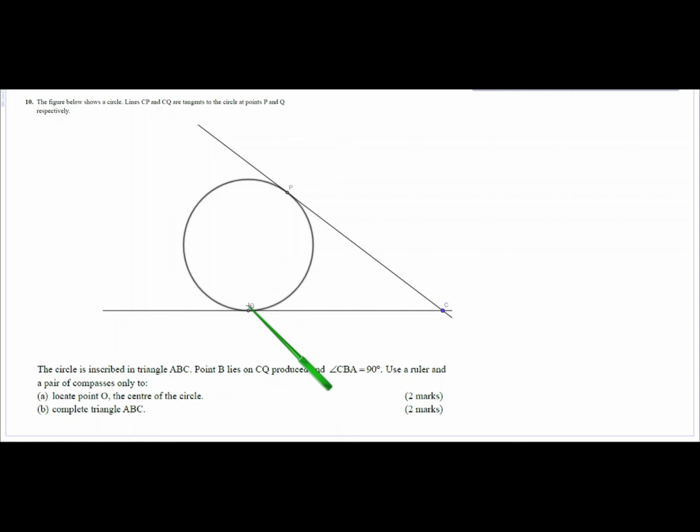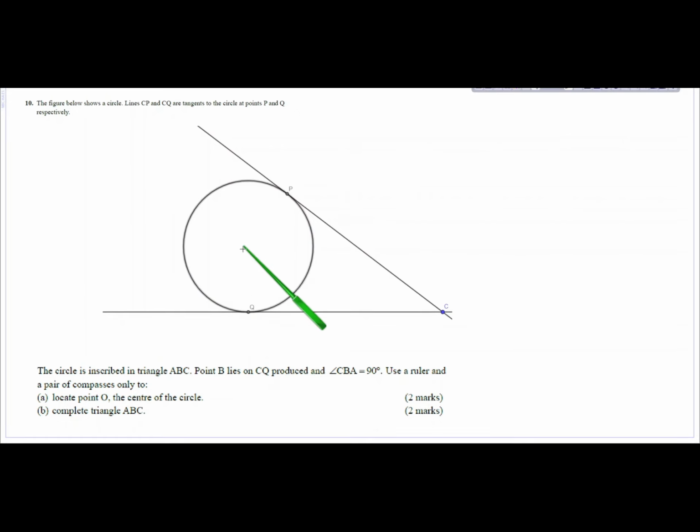That means the radius we draw from here to the center is perpendicular to the tangent. So we can easily draw the radius from this point.